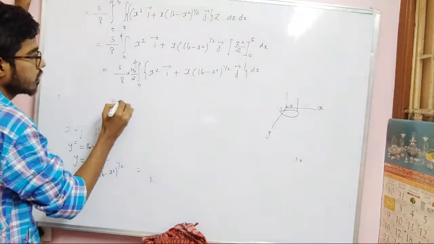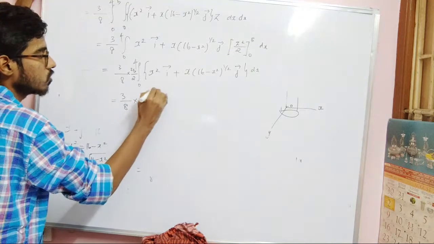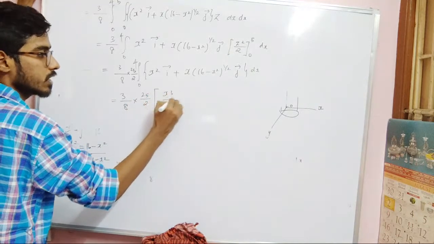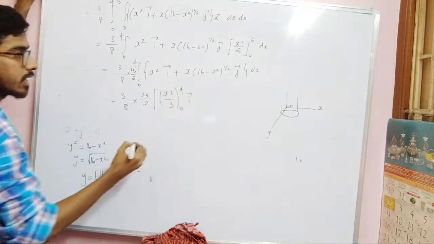Now this will be 3 by 8 into 25 by 2. When I integrate this, this will be x cube by 3, limit from 0 to 4, i vector.